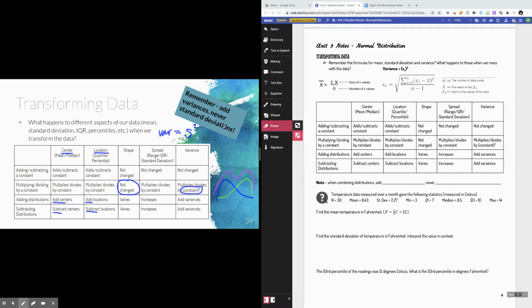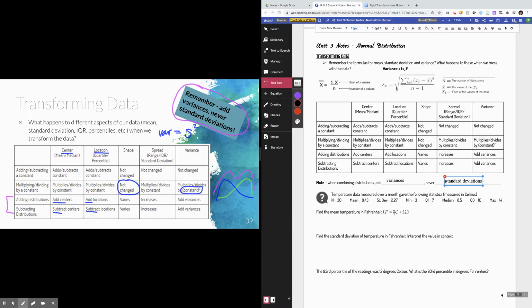Okay. But the biggest thing to remember when you are adding or subtracting distributions, like these bottom two here, is that you always, always, always add variances. Never add standard deviations. Okay. The reason why is kind of beyond the scope of this course.